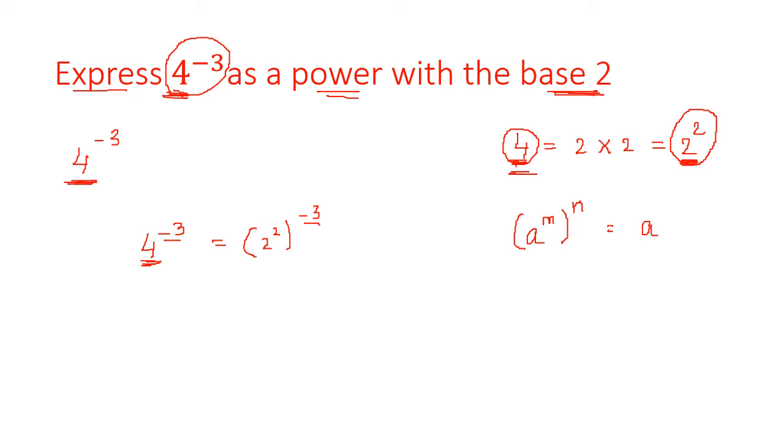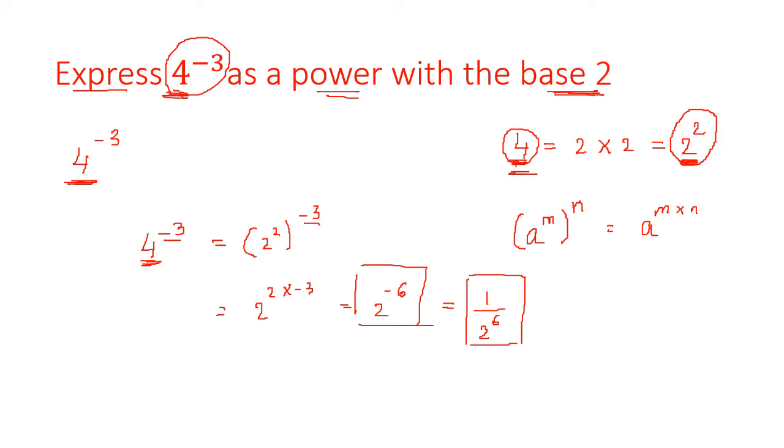So when it is power raised to power, the law says to multiply the powers. So we get this as 2 raised to 2 into -3. We multiply the powers, so it becomes 2 raised to minus 6. So you can keep the answer 2 raised to minus 6, or if you want to further simplify to make the power positive, you can write it as 1 upon 2 raised to 6. So this answer is also correct, 2 raised to minus 6, or you can write this answer also.